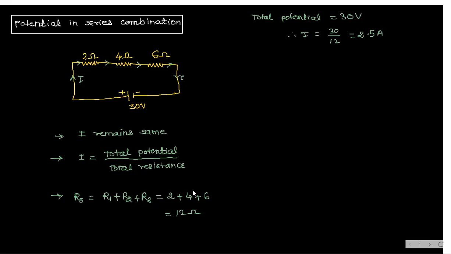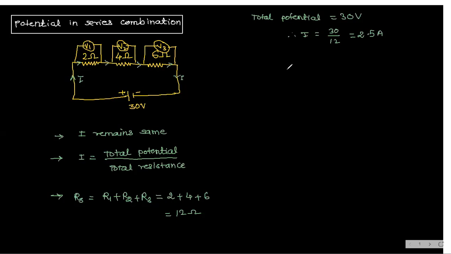Okay, I got the current now. Across this 2 ohm you have potential V1, across this you have V2, and across this resistor you have V3.